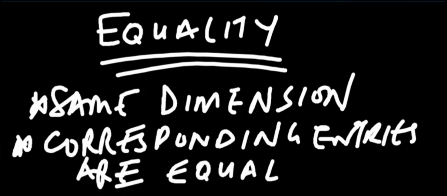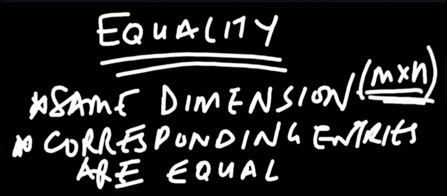What do I mean by dimension? I mean m by n, the same number of rows and the same number of columns, and if and only if the corresponding entries are equal.